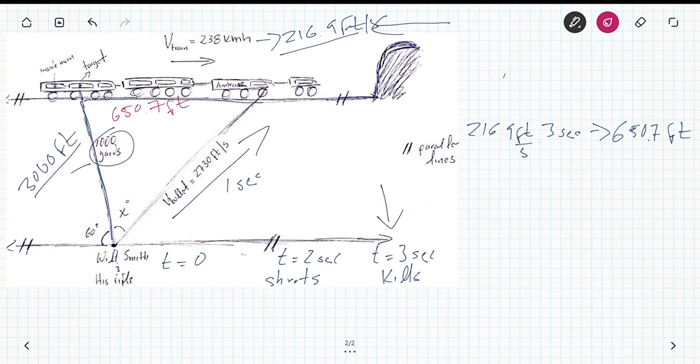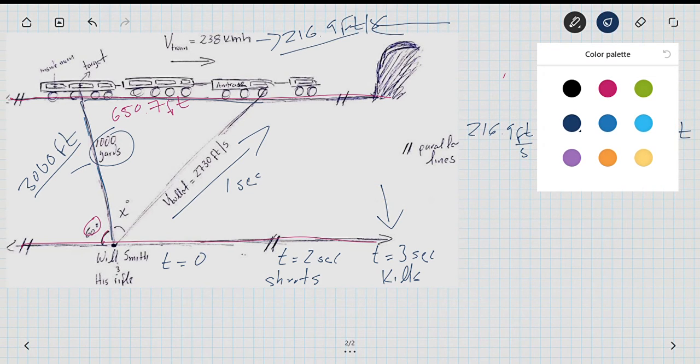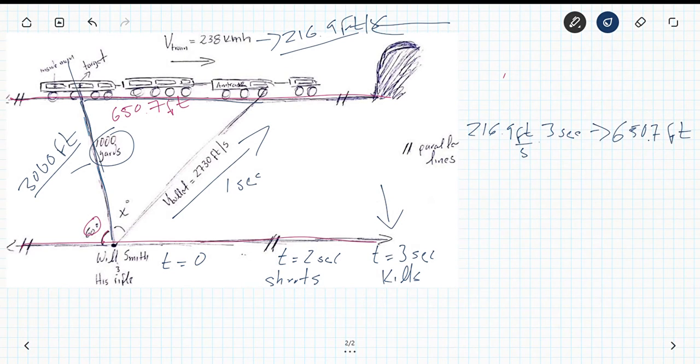Okay, so let's see if his assumption that the bullet will reach the target at 1 second is correct. So one thing we could use is this 60 degrees already, right? Since we know that his position is parallel to the train, and we also know that this line right here is going to be a transversal line.